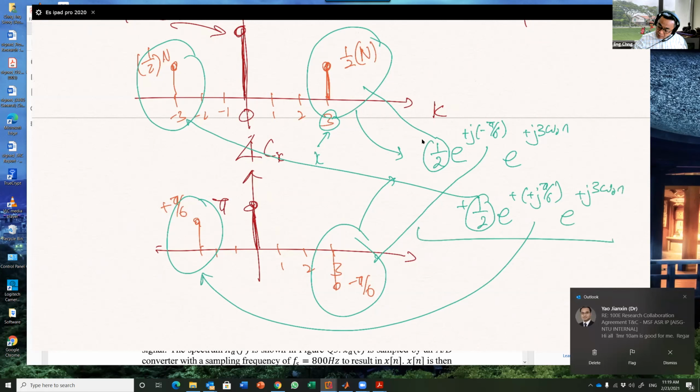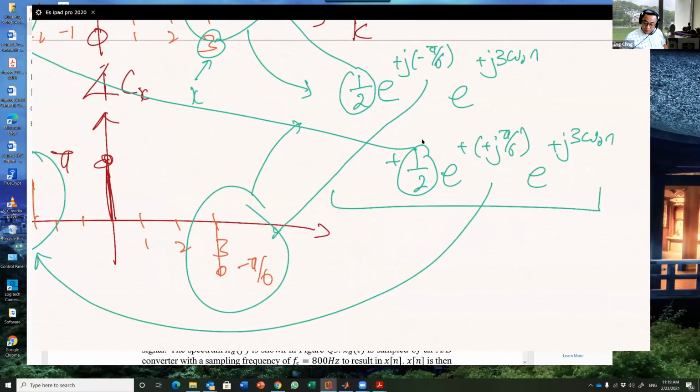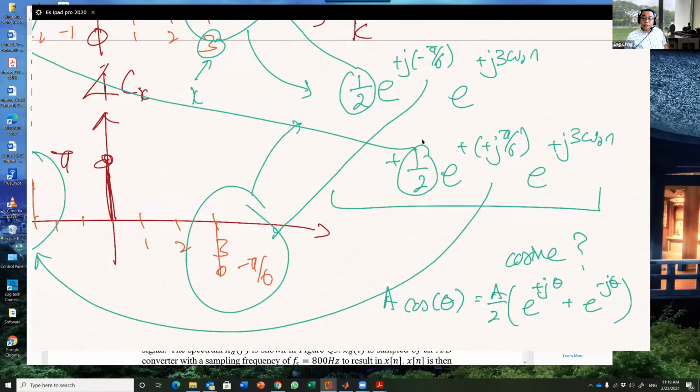Now, can you recognize this expression? Isn't this expression some cosine? Because cosine theta equals, remember this equation?